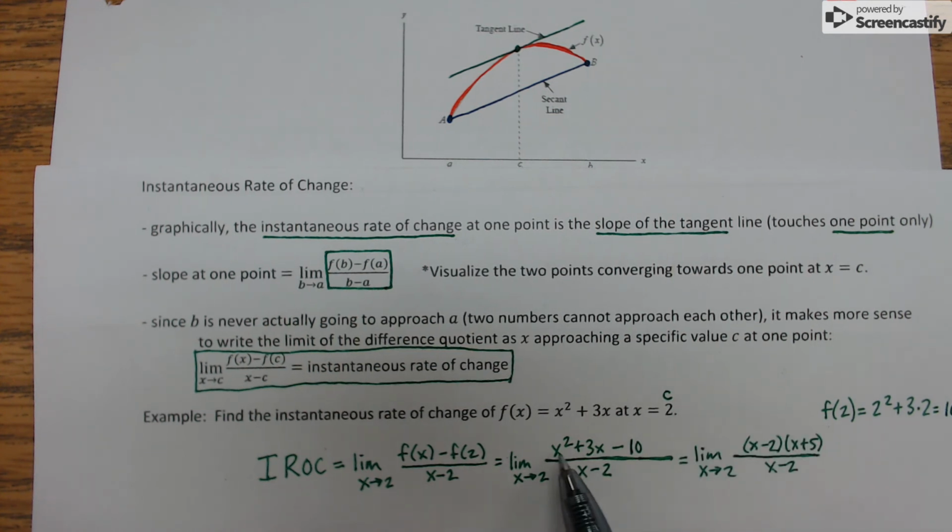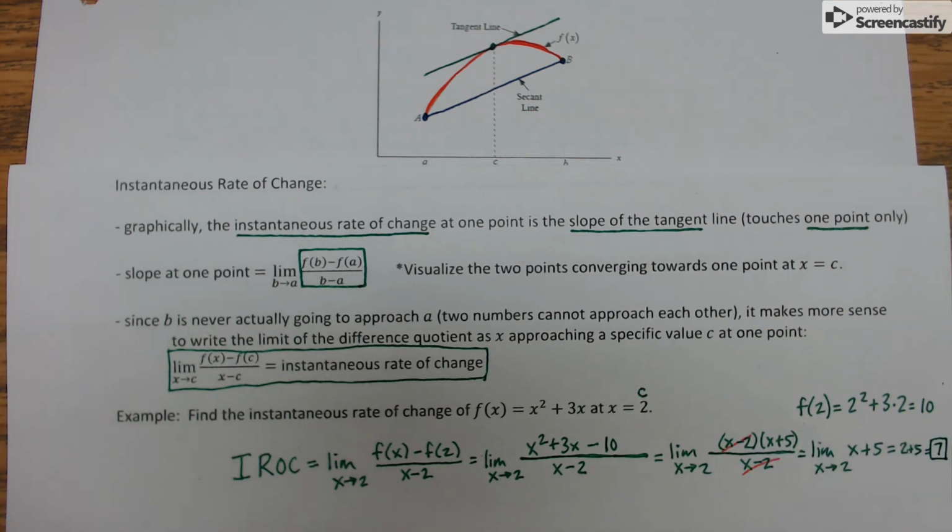I'm sure you guessed that this numerator can be factored, and if you've really been paying attention to our limits this year, you probably noticed that most of the time something will cancel out. So I did get this x minus 2 factor and an x plus 5, and in my next step I'll cancel that and evaluate the limit. After canceling the x minus 2 factors, I was left with the limit as x approaches 2 of just x plus 5 for my numerator.